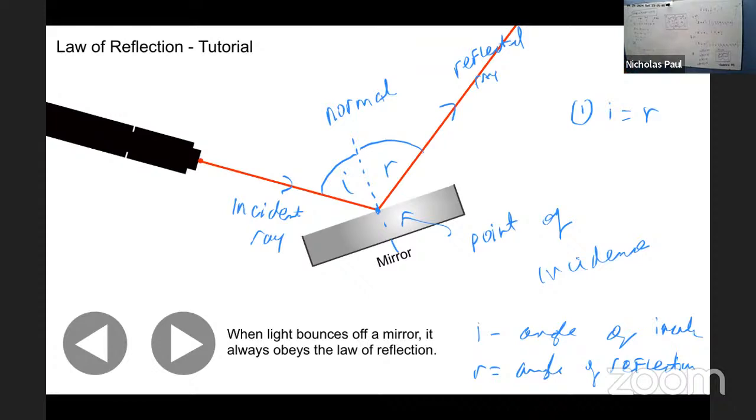If I were to tilt this slightly, what will happen? It would change, but still be equal. Make sure you label it. I want to give you a note on what is normal and how to measure it.